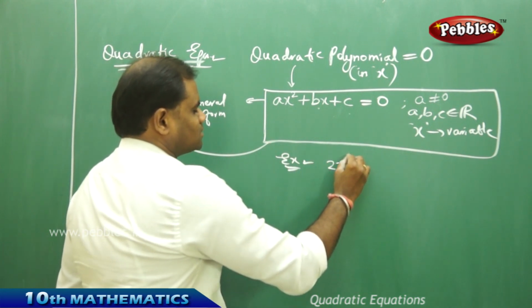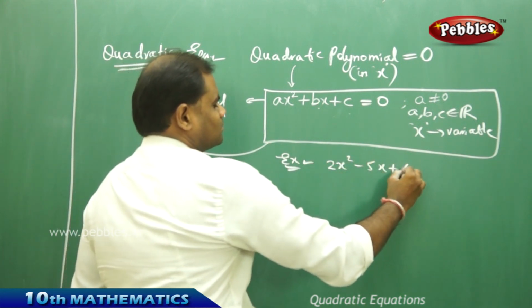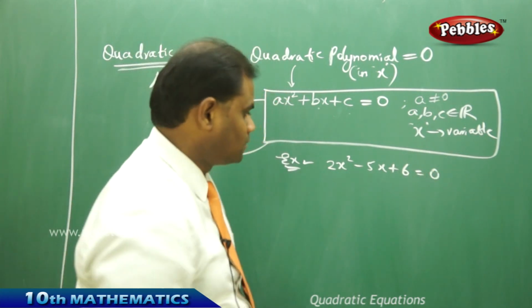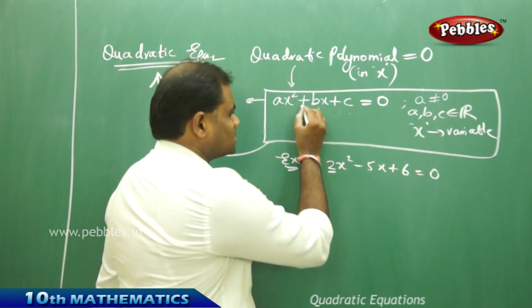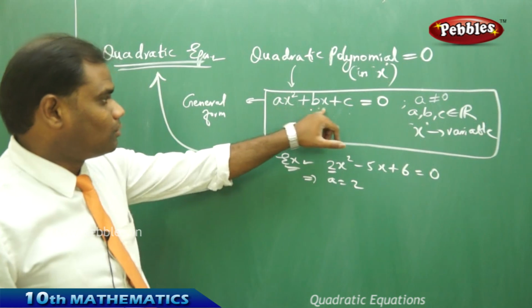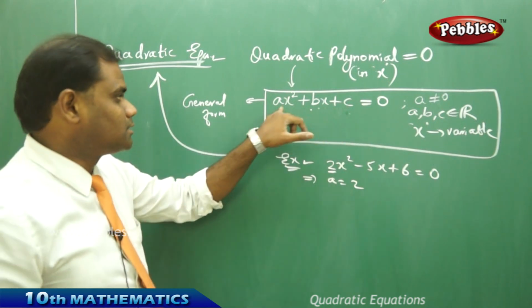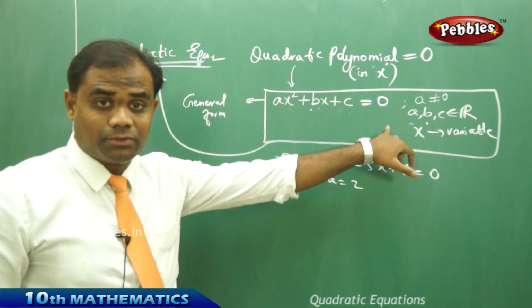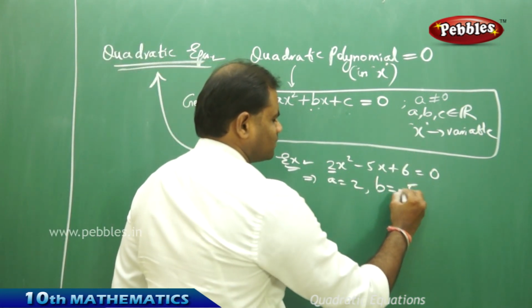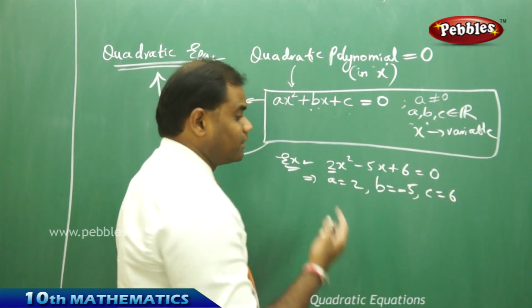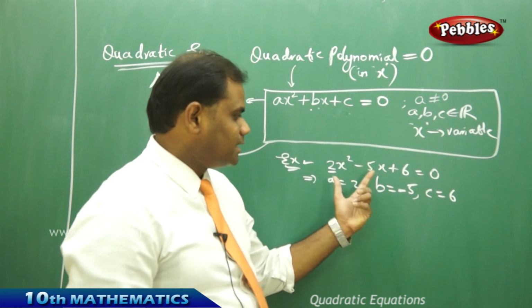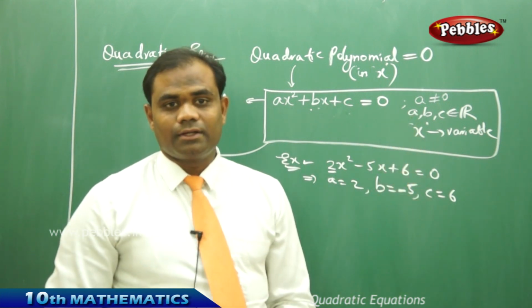To start with, an example is 2x squared minus 5x plus 6 equal to 0. It is an example of a quadratic equation where the value of a is 2, because I compare this with the standard form of the quadratic equation, which is ax squared plus bx plus c equal to 0. Then b is minus 5 and c is 6 and the variable is x. So this is clearly an example of a quadratic equation.